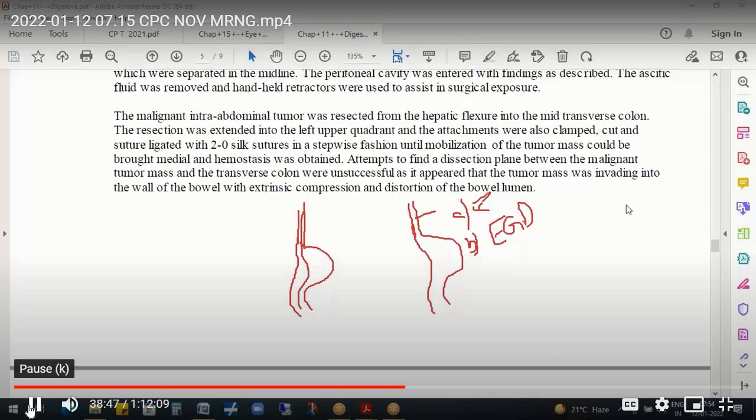Next concept: esophagoscopy, EGD and ERCP.